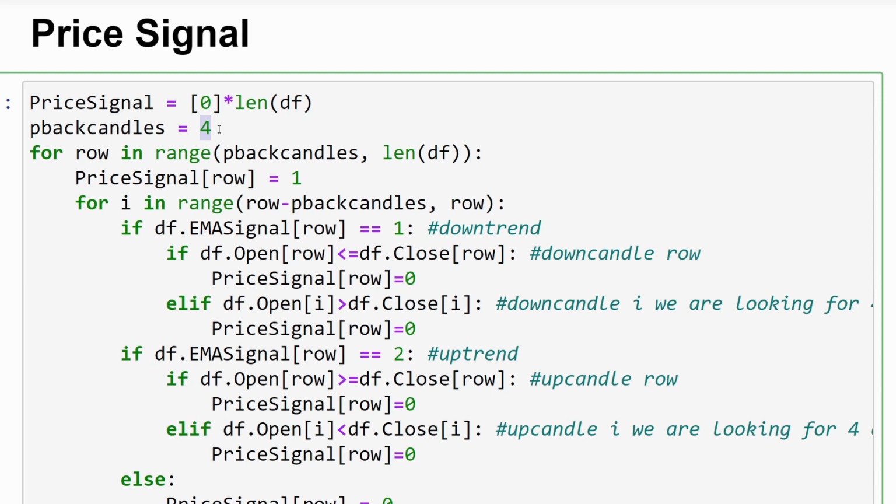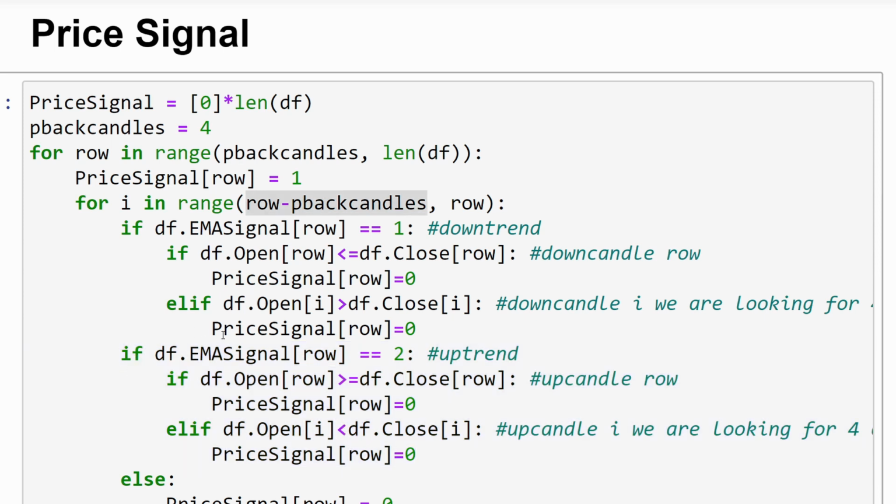In this case, the program will be looking for 6 consecutive candles going in the opposite direction of the trend. This is why we have 2 if statements. The first one is if we have a downtrend, we're looking for candles going upwards, meaning bullish candles. And if we have an uptrend, we are looking for bearish candles, 4 different bearish candles going in the opposite direction of the current trend.